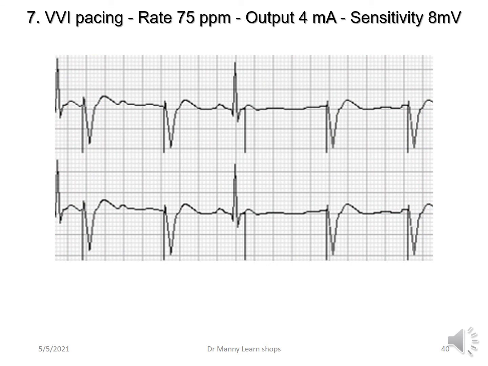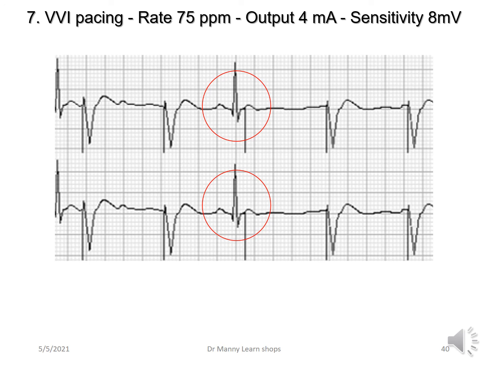You look at the rhythm and you see something's wrong. You've got VVI pacing, which is normal, but then you've got this beat and this beat where the pacemaker spike is in the ST segment T wave, which is incorrect. You've got a normal inherent beat there, which means the pacemaker should have turned off. It didn't turn off.